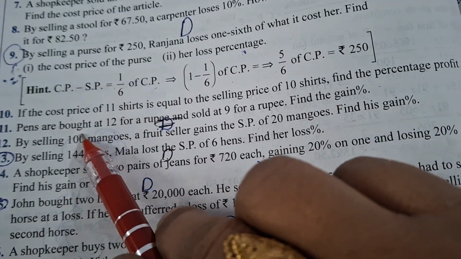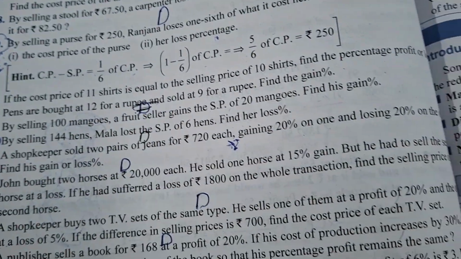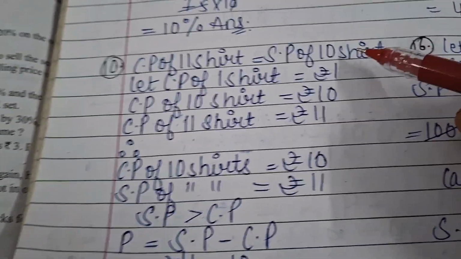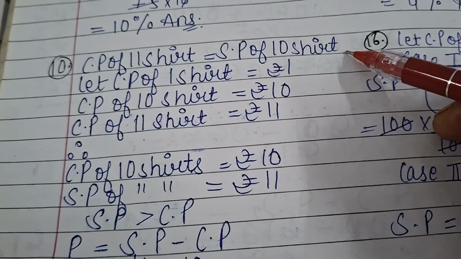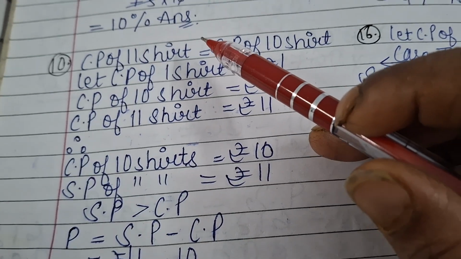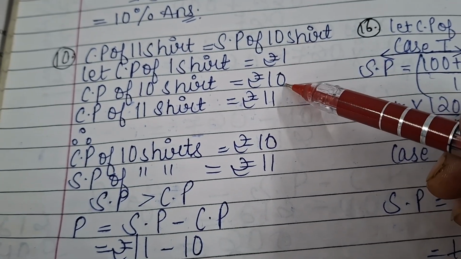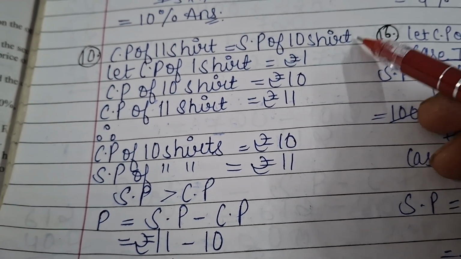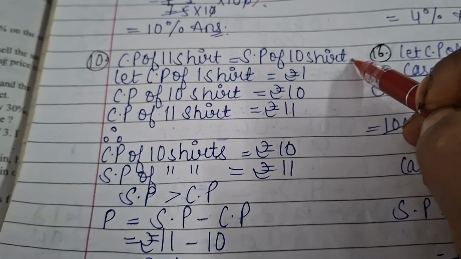Nine homework 10. If the CP of 11 shirts is equal to SP of 10 shirts, find the percentage profit or loss. Suppose CP of 1 shirt is rupees 1. So CP of 10 shirts is rupees 10 and CP of 11 shirts is rupees 11. Here it is given CP of 11 shirts is equal to SP of 10 shirts.